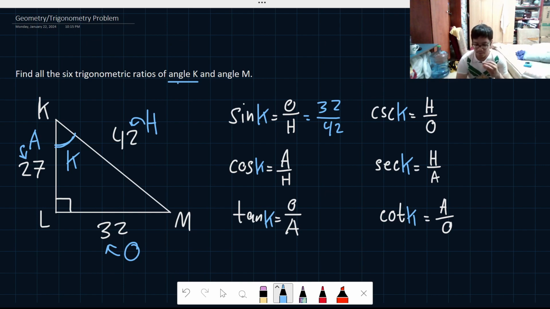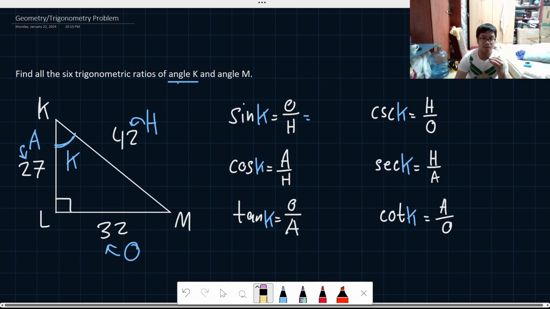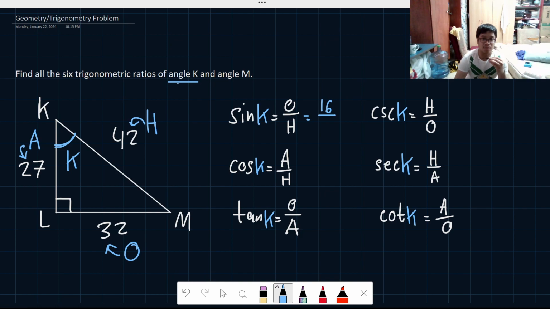So 32 divided by 42. Yes, it is in fact divisible by 2. So 32 divided by 2 will give you 16, and 42 divided by 2 will give you 21. So instead of having 32 all over 42, we will have instead 16 all over 21. All right? That's for your sine.